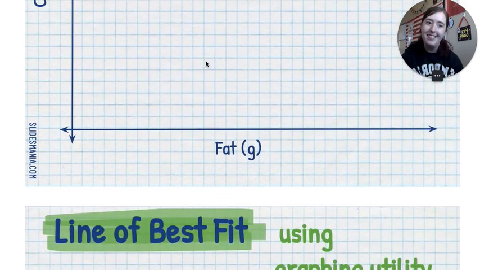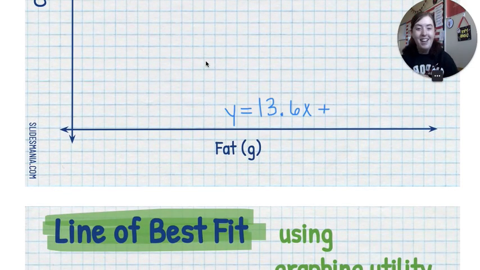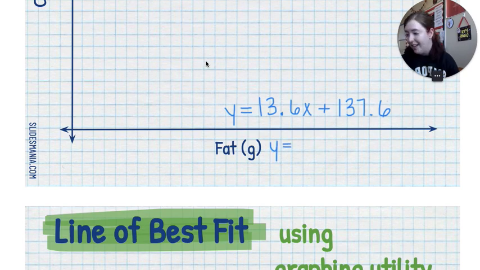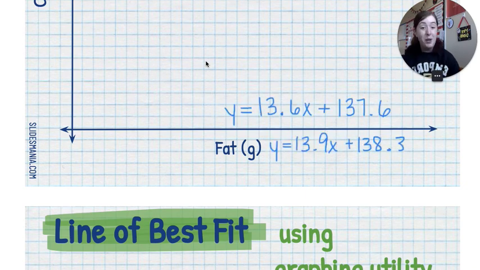Okay, so on that line we ended up with y equals 13.6x plus 137.6. So if we compare that to what we had from our calculator, we had y equals 13.9x plus 138.3. We were pretty gosh darn close, right? So the one that we did by hand is not too far away from our computer generated one.